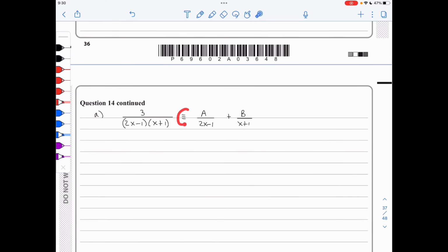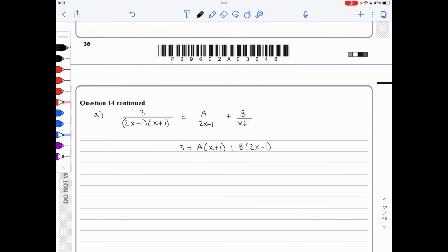Remember, this here means equivalent to, which means it holds true for all values of x. I can get rid of the denominators by saying that 3 is A(x + 1) plus B(2x - 1).